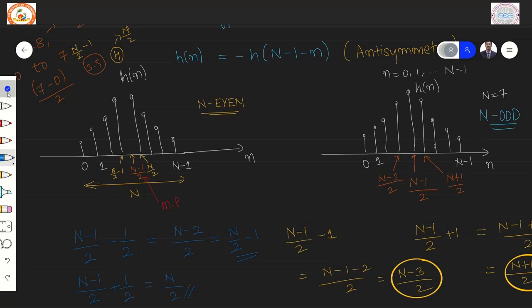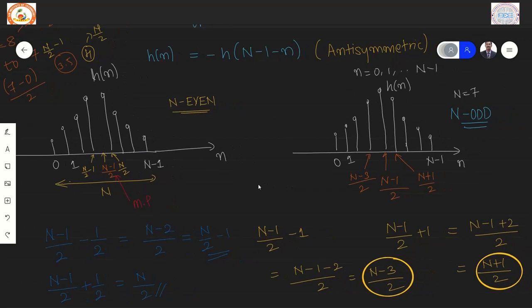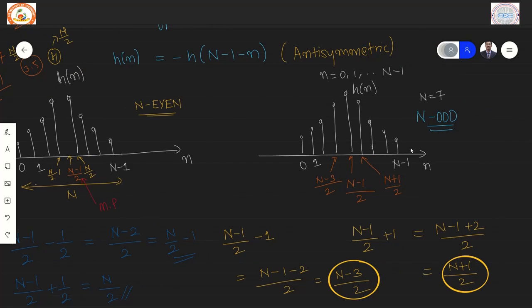Let us now move to the case when N is odd. When N is odd, N minus 1 will be even and N minus 1 by 2 will also be an integer. So the value at this midpoint will definitely have a result there.